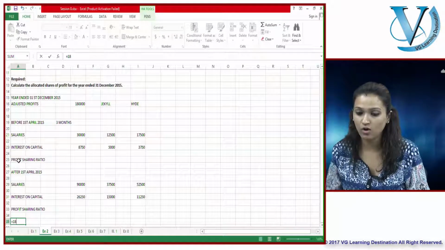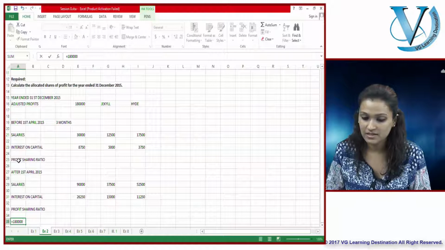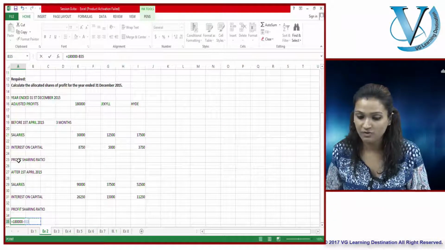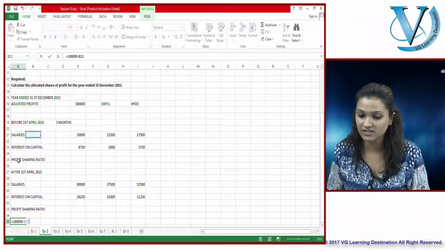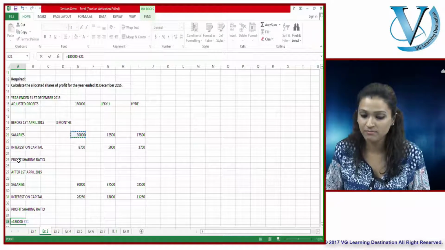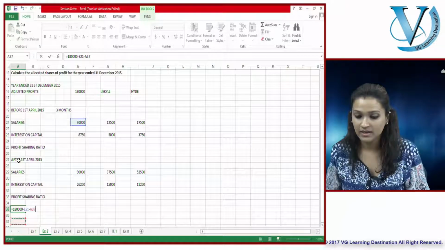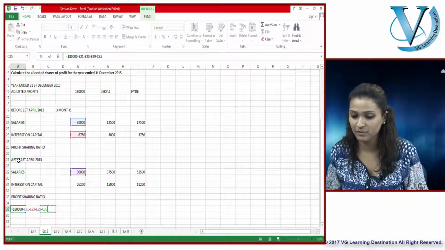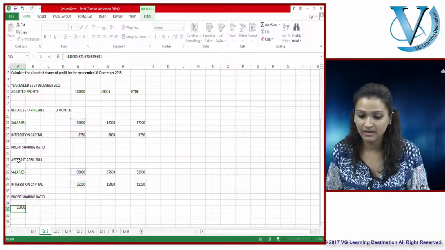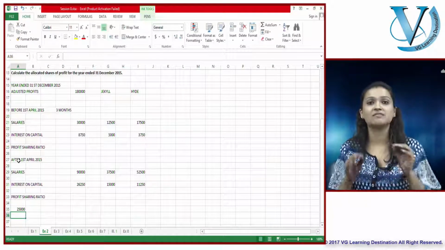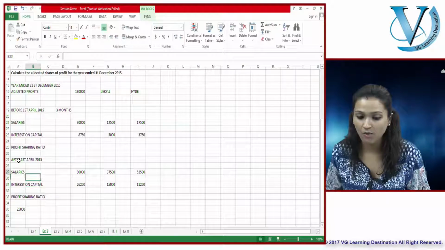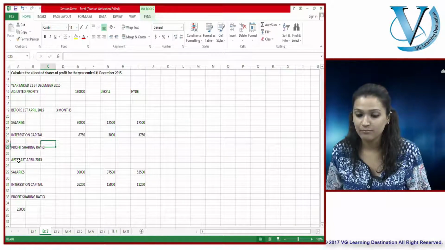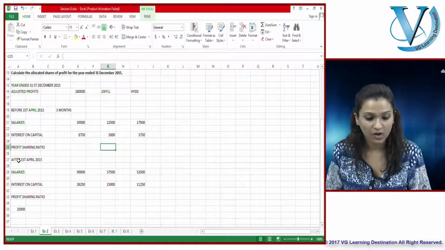We had a total of 180,000 profits minus how much we've already given away as salaries in the first 3 months, £30,000, minus we've given away interest in the first 3 months, minus we've given away salaries for the next 9 months, minus we've given away interest for the next 9 months. Total 25,000 profits is left, which now needs to be divided amongst this profit sharing ratio of how much?